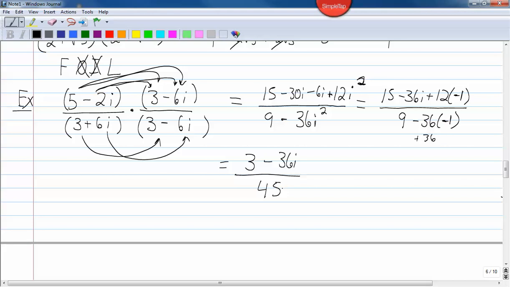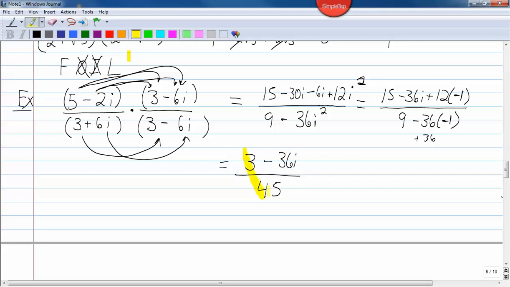So I've combined like terms. The only problem with leaving my answer like this is that it is not in the right form. I want to write the real part and then the imaginary part. So I have to break this up. I'm going to use what's called term-wise division. That's what you can do if you have a denominator and more than one term in the numerator.